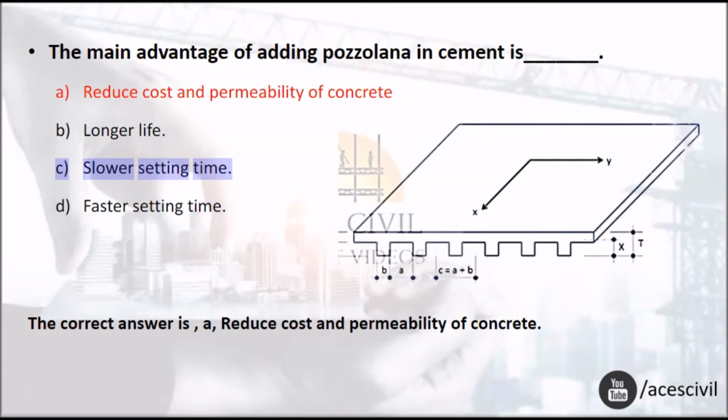C. Slower setting time. D. Faster setting time. The correct answer is A. Reduce cost and permeability of concrete.